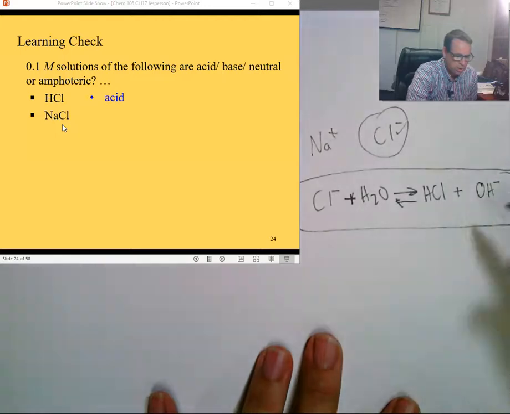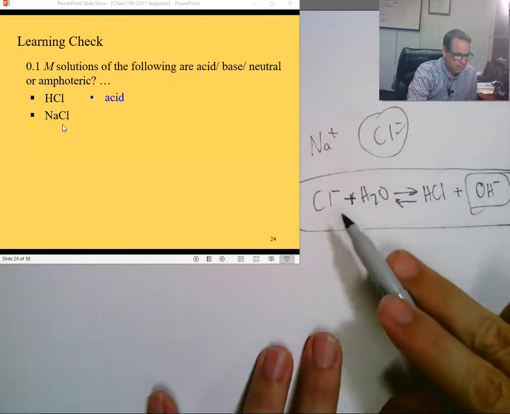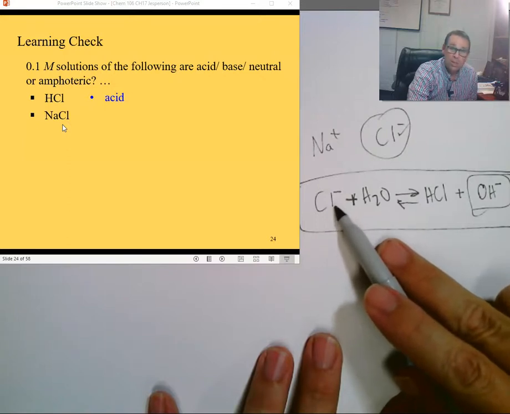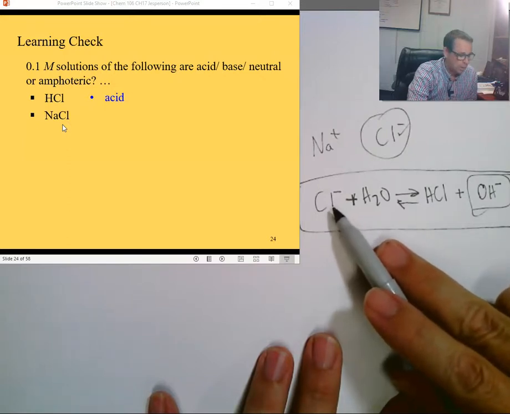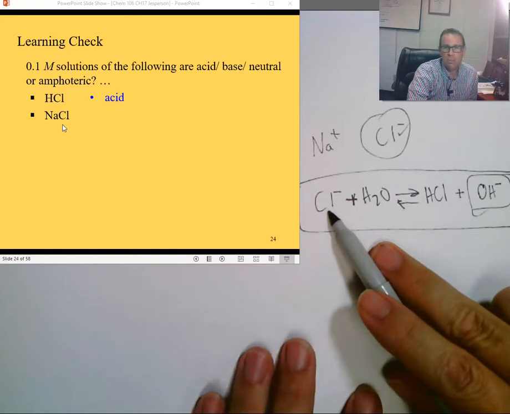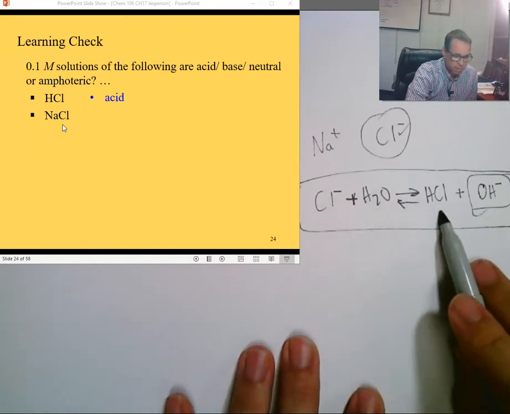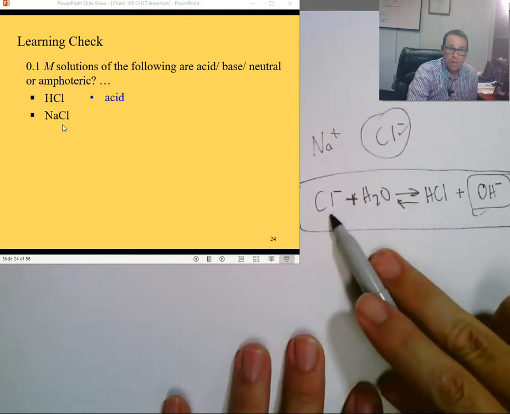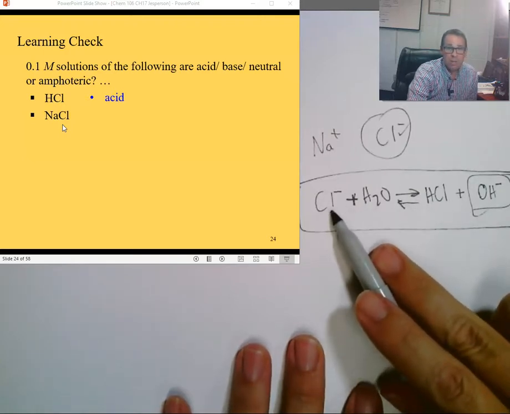It could turn the solution basic if this chloride ion was the conjugate base of a weak acid. But we can see that it's not the conjugate base of a weak acid. It's the conjugate base of what kind of acid, Alyssa? I'm sorry, can you say that again? The chloride ion, we can see, is not the conjugate base of a weak acid.